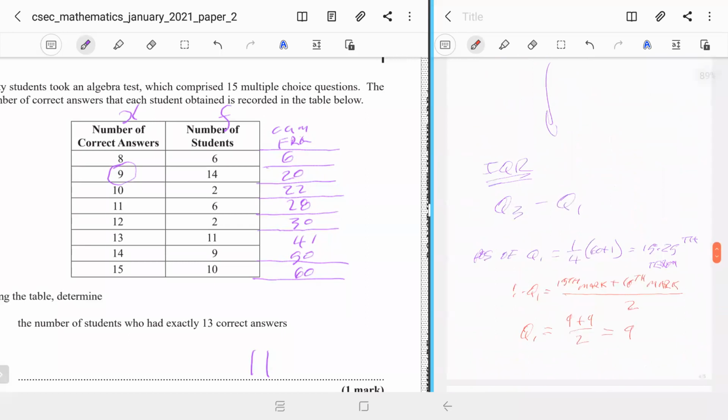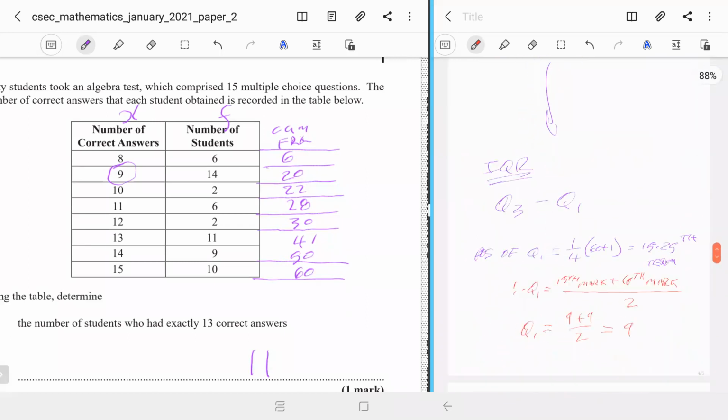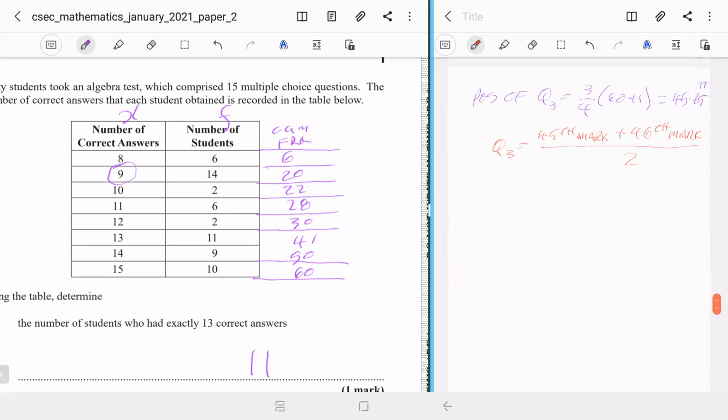Because again, if you were to divide the data, it's 60 of 1 to 60. You have to divide it 30 and 30, 30 up here and 30 down here, and inject a median in the middle. Then for this 30, you have to divide it 15 and 15 and inject one in the middle for Q1.